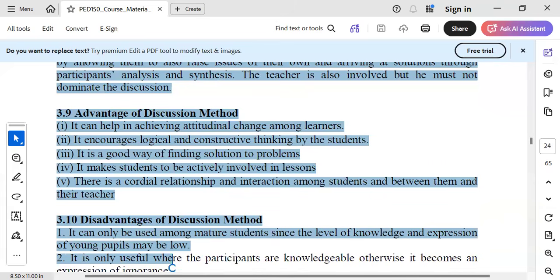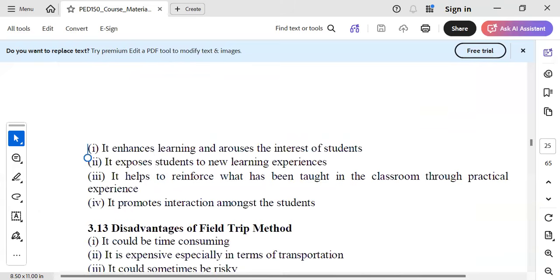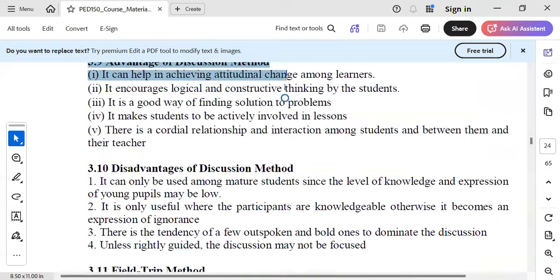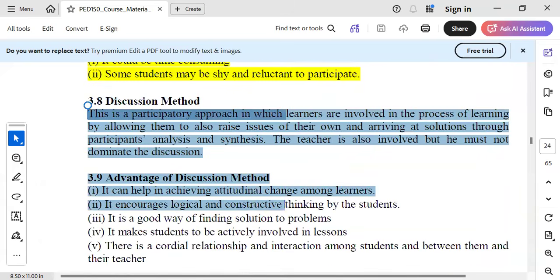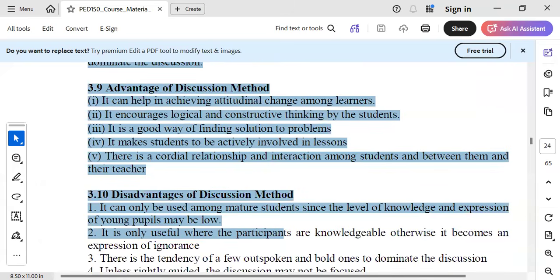One, oh, sorry, I think I'm going too fast. The disadvantages: one, it can only be used among mature students since the level of knowledge and expression of young pupils may be low. It is only useful where the participants are knowledgeable.